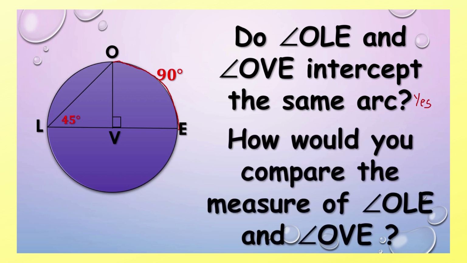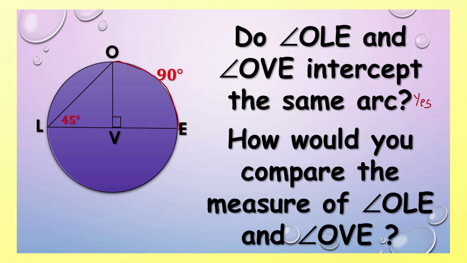So how would you compare the measure of angle OLE and angle OVE? Kung ano yung measure ng iyong central angle, yun din ang magiging measure ng kanyang intercepted arc, di ba? Then ang measure naman ng ating inscribed angle ay kalahati lang ng measure ng kanyang intercepted arc.